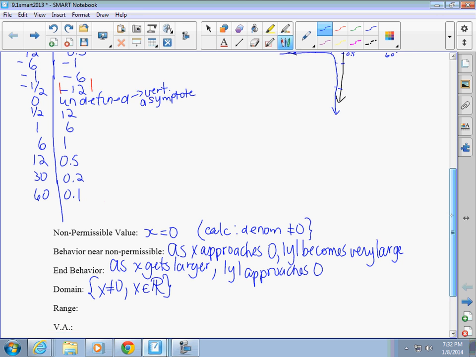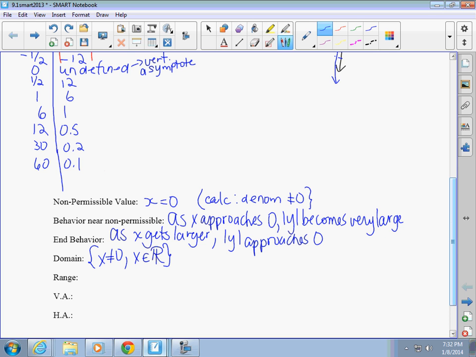What is my range? My range is my y's. If I take a look at my y's, they get close to 0, but they never equal 0. So y is not equal to 0, and y is an element of real numbers. So every single real number can be used for y except for 0.